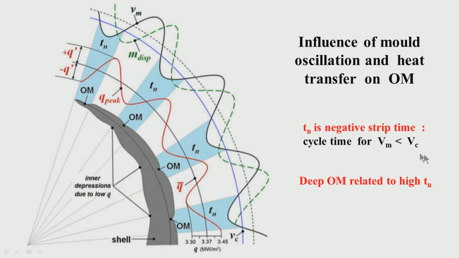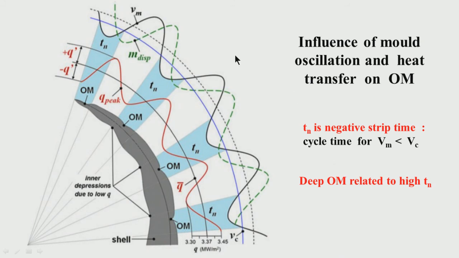If the Vc, that means casting speed, is relatively high, your Vm, which is sinusoidal, the portion of Vm when it is less than Vc will be relatively low. So, negative strip time will be less. So, slightly higher casting speed is beneficial. You have relatively shallow oscillation marks, because negative strip time is less.